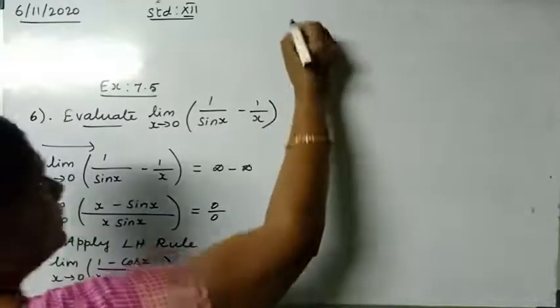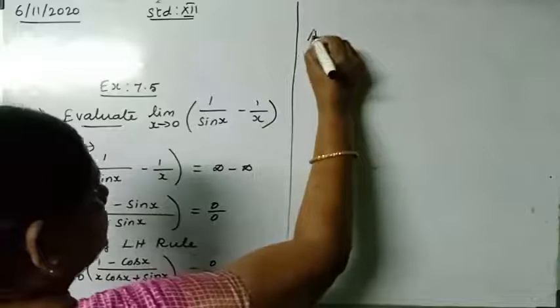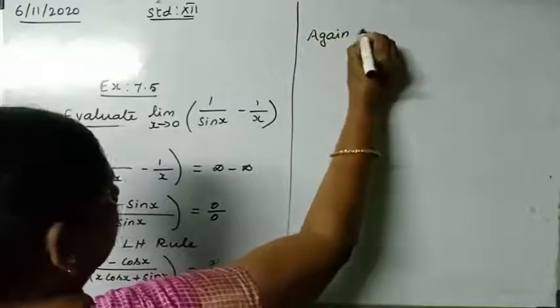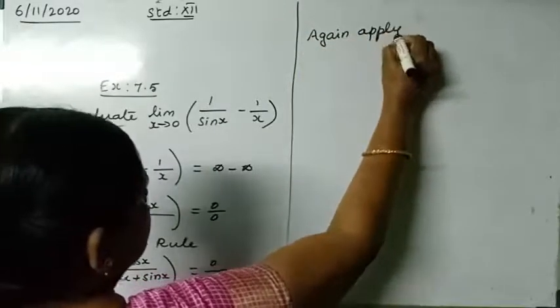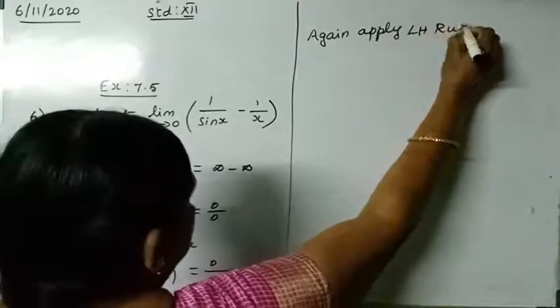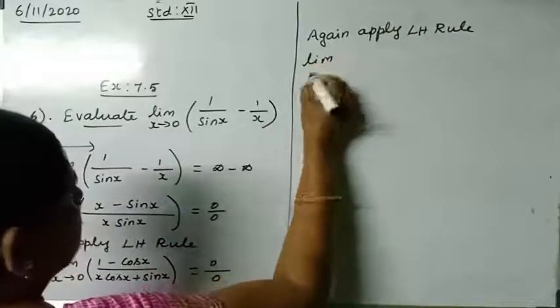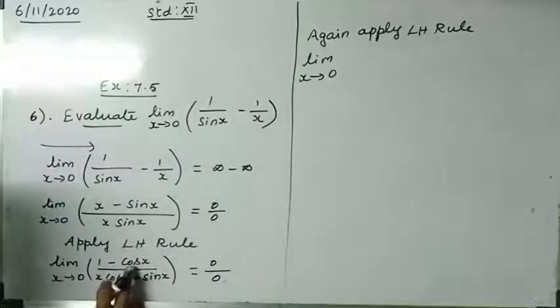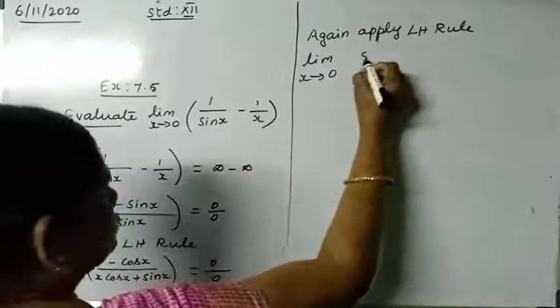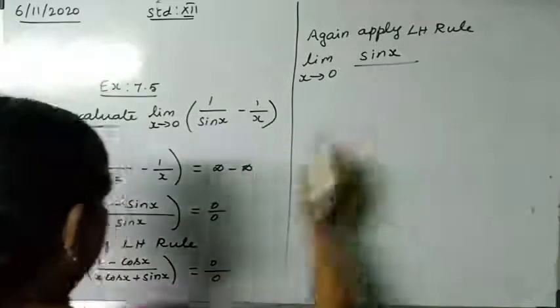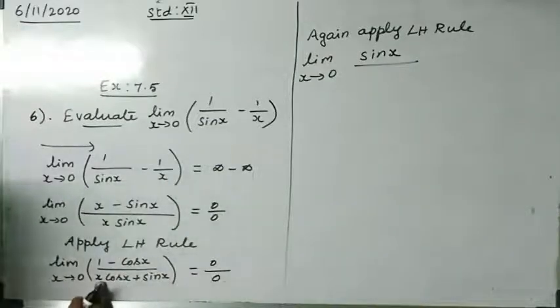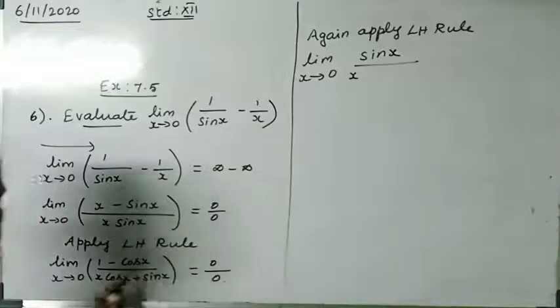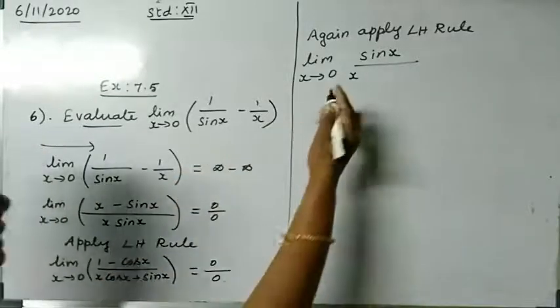See, once again apply the L'Hopital rule. So limit x tends to 0. Differentiating 1 gives 0, and cos x differentiates to minus sin x. Minus of minus is plus, so plus sin x. Divide by, now take x and cos x as u and v. Keep u, that is x, as it is, and differentiate cos x to get minus sin x.